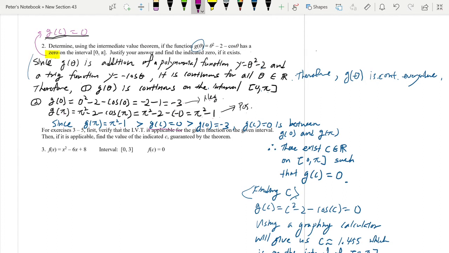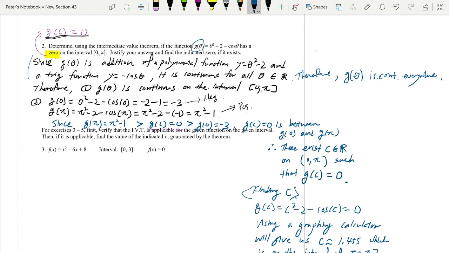So we can say that there exists a c, a real number c on, and let me actually change this, a closed interval 0 to pi, because we don't include 0 and pi for that c value. 0 and pi such that g of c is equal to 0.